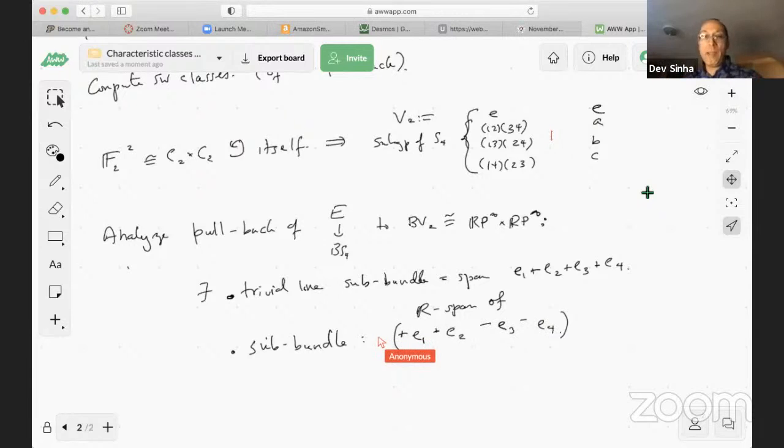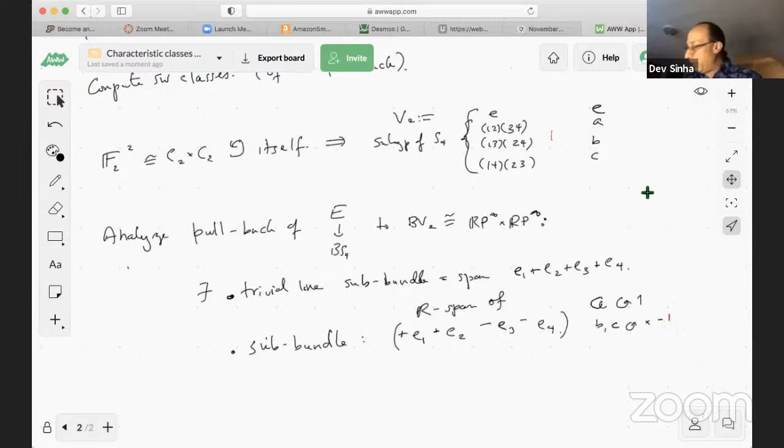If I include the R span, if the action of B sends this to minus itself, then that is going to be a well-defined subbundle. And see, we have that A acts by 1 on this, and B and C act by multiplication by -1 on this bundle.